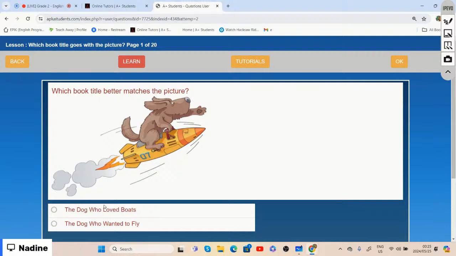Is it A Dog Who Loves Boats or A Dog Who Wanted to Fly?